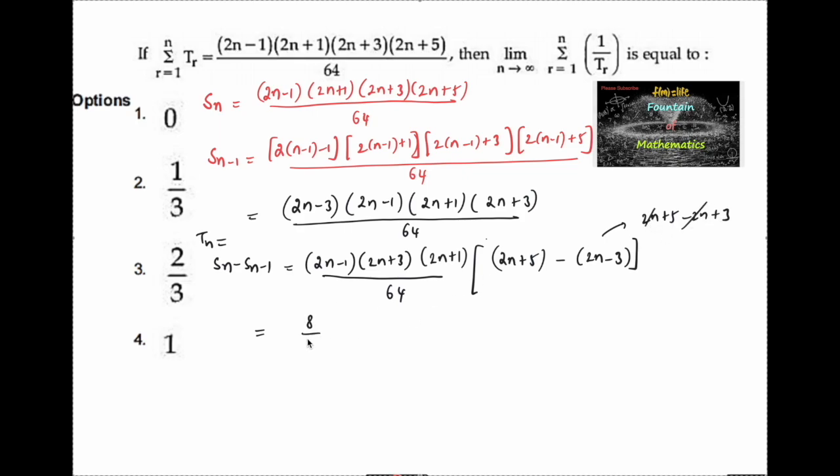So 8 upon 64 into 2n minus 1, 2n plus 1 and 2n plus 3.